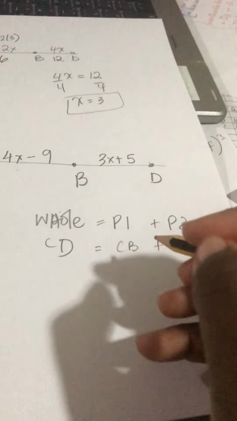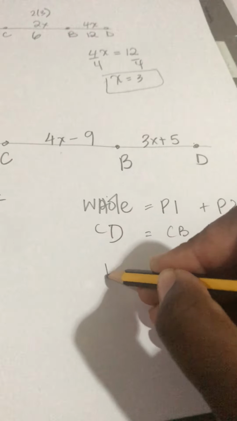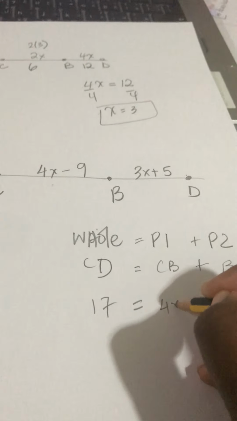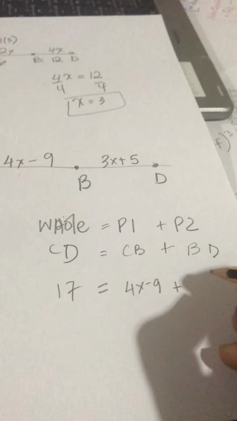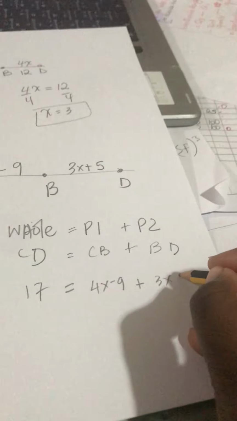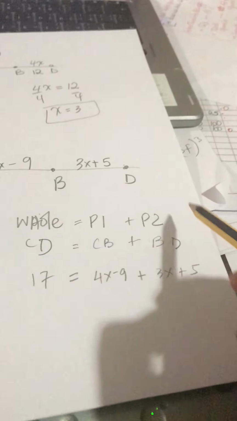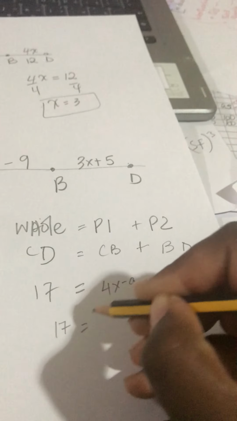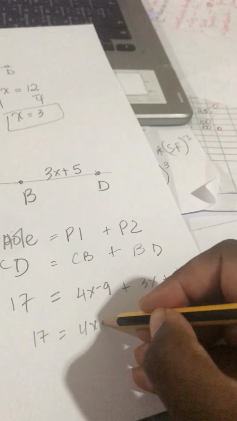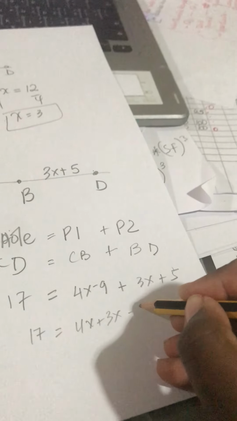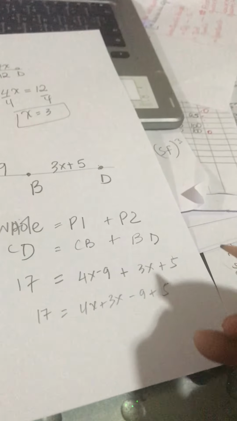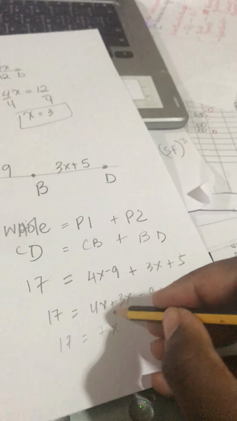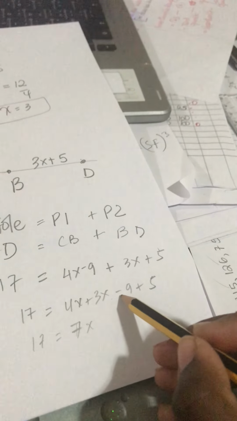Then I know that CD is 17. I know that CB is 4x minus 9 plus 3x plus 5. Okay? Then I put my friends together. 17 equals 4x plus 3x minus 9 plus 5. 17 equals 7x, because 4 plus 3 is 7.